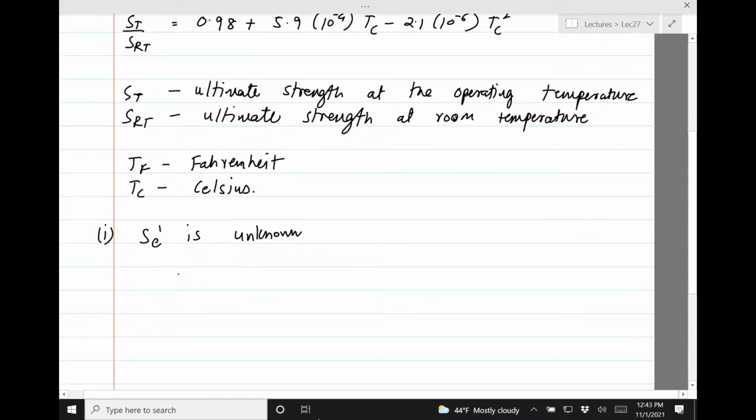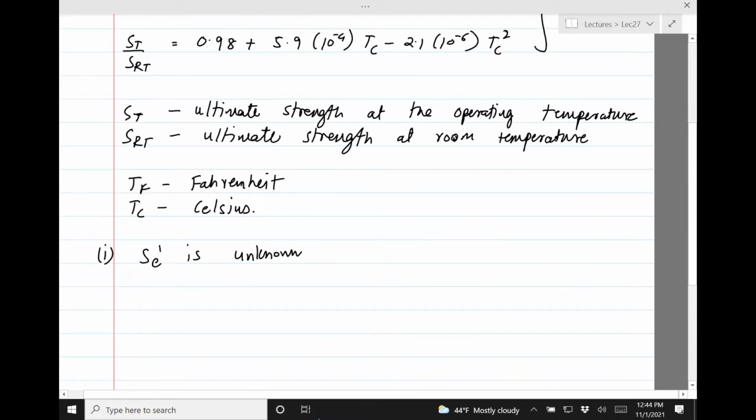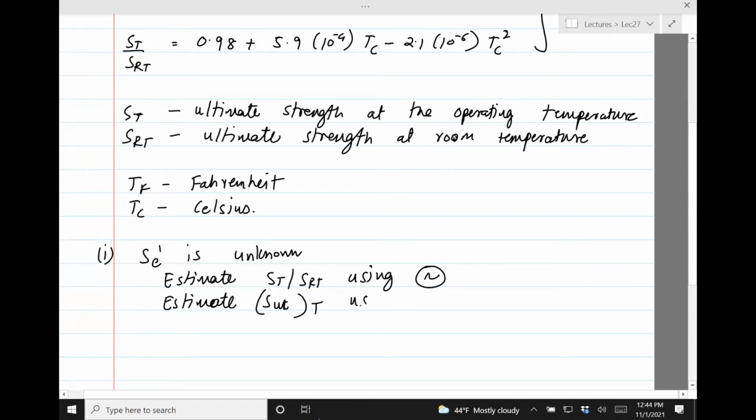Okay, so here's what we'll do. First, let me call these equations with a tilde sign, and so I'll refer to them. First, we estimate ST divided by SRT using the tilde equations. Then estimate SUT, the ultimate strength at the elevated temperature, using this equation.